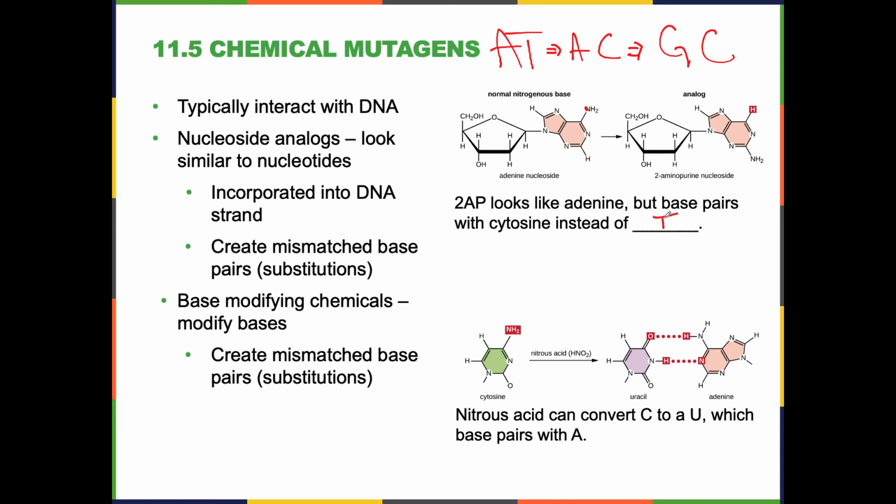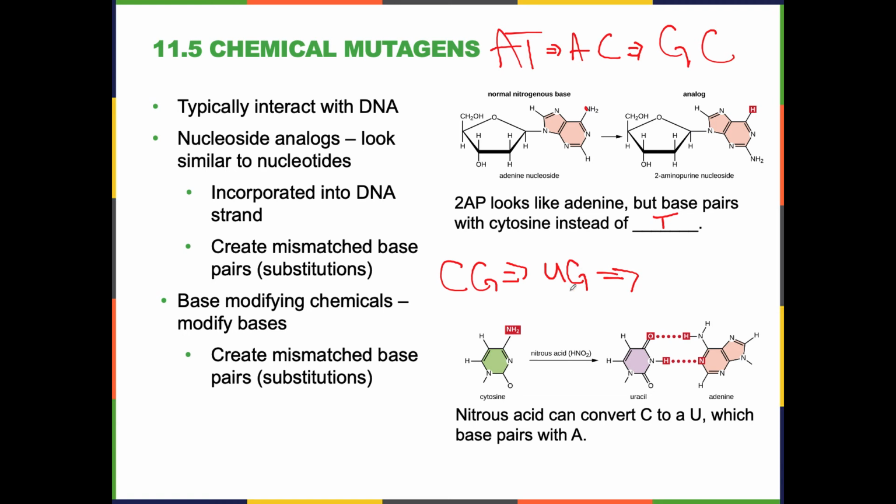Okay? Base modifying chemicals modify bases. So they react with bases and change some of their structures, right? So nitrous acid, for example, takes cytosine and turns that into a uracil, right? And does that by changing this NH2 into that O right there, which once again will cause it to base pair funny, right? Because here we have cytosine that's normally paired with G, and now this becomes a U, so all of a sudden we have a UG, which is weird because it doesn't like it, both because it's RNA and because it's DNA.